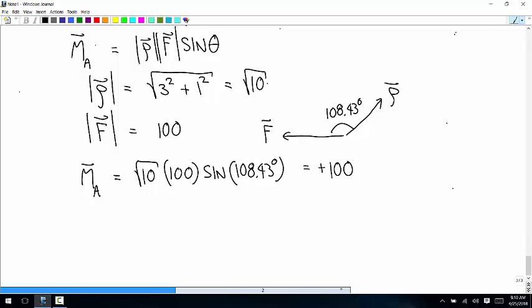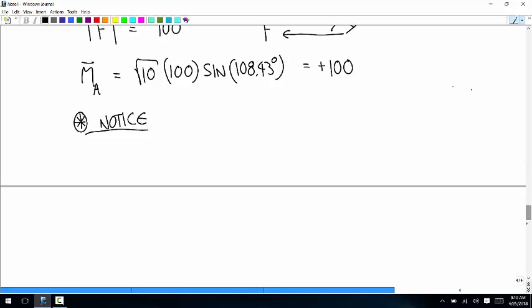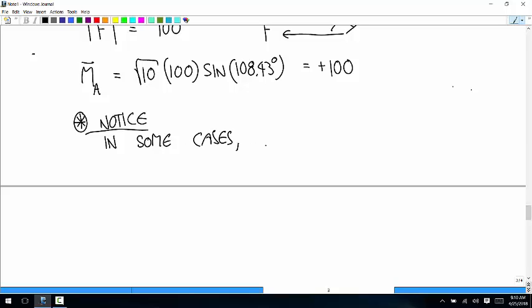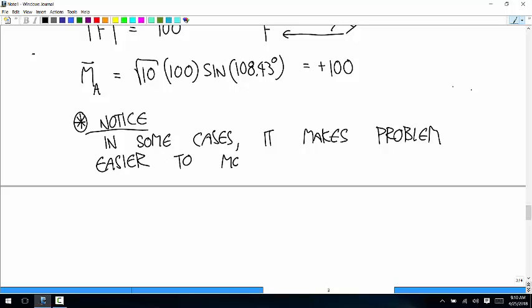Want to see something else? No, you're not ready. Okay, I'll tell you. So notice, in some cases, it makes the problem easier to move the force along its line of action.